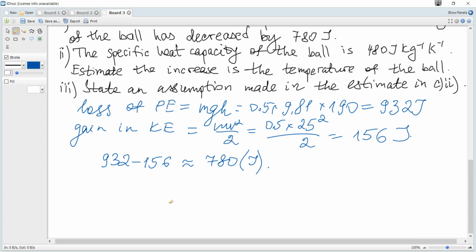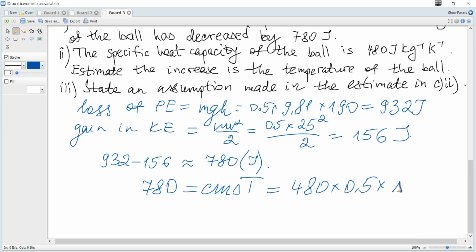Applying the law of conservation of energy, this energy is transferred into internal energy of the ball, which is equal to c m delta T, and is equal to 480 multiplied by 0.5 multiplied by delta T, and delta T is approximately 3 kelvins.